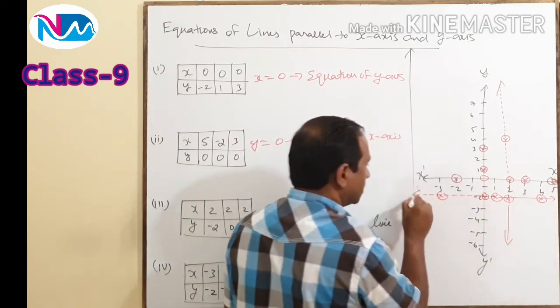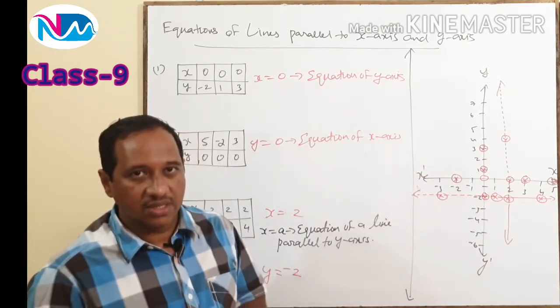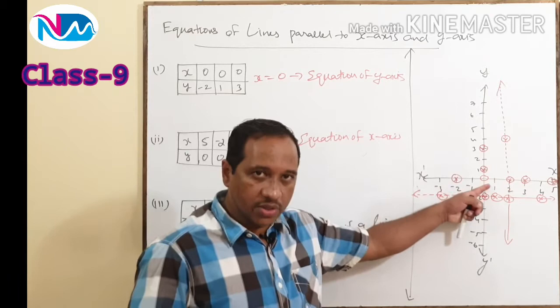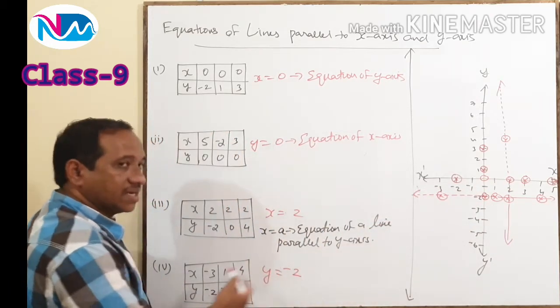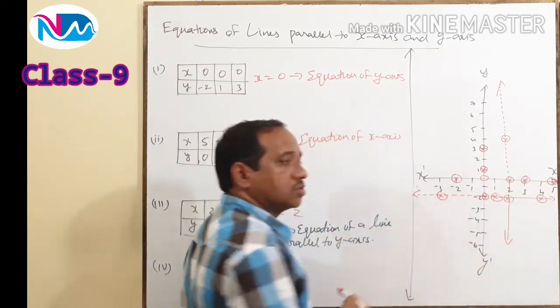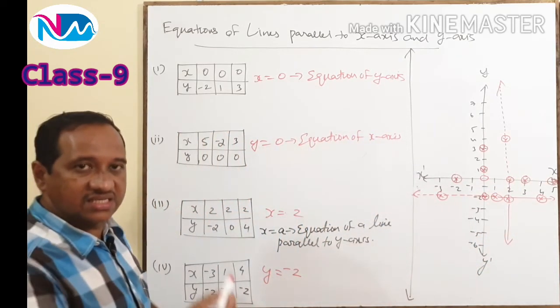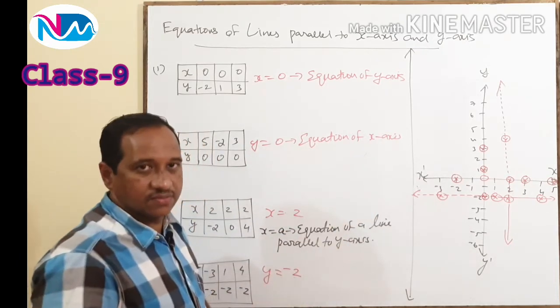you can see that you get a straight line which is parallel to x-axis at a distance of 2 units below x-axis. y is equal to -2 represents a straight line parallel to x-axis at a distance of 2 units below the x-axis.